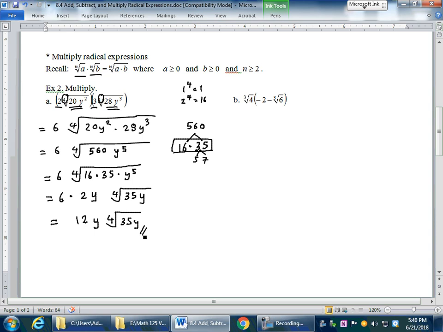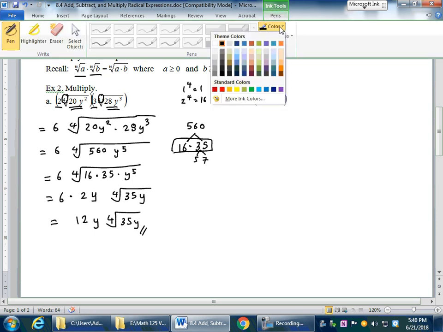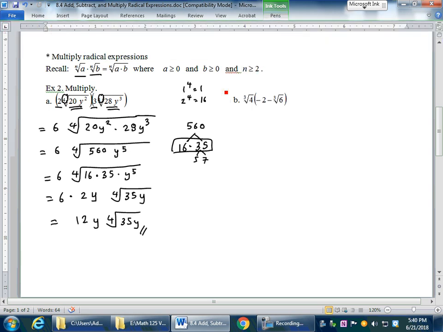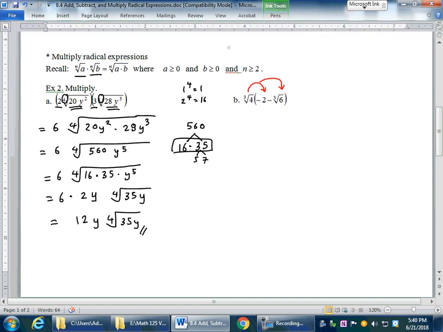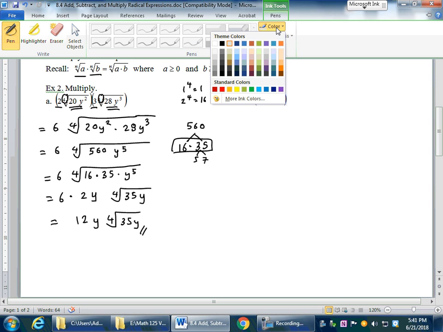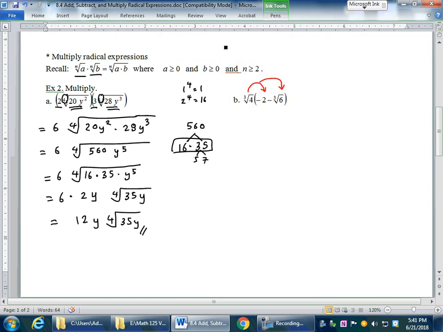Now 1 term times 2 terms. So this is basically recalling the distributive property. So first what we're going to do is distribute. Since we can only multiply the radicands together when the indices are the same, cube root of 4 times negative 2 will be just negative 2 times cube root of 4.